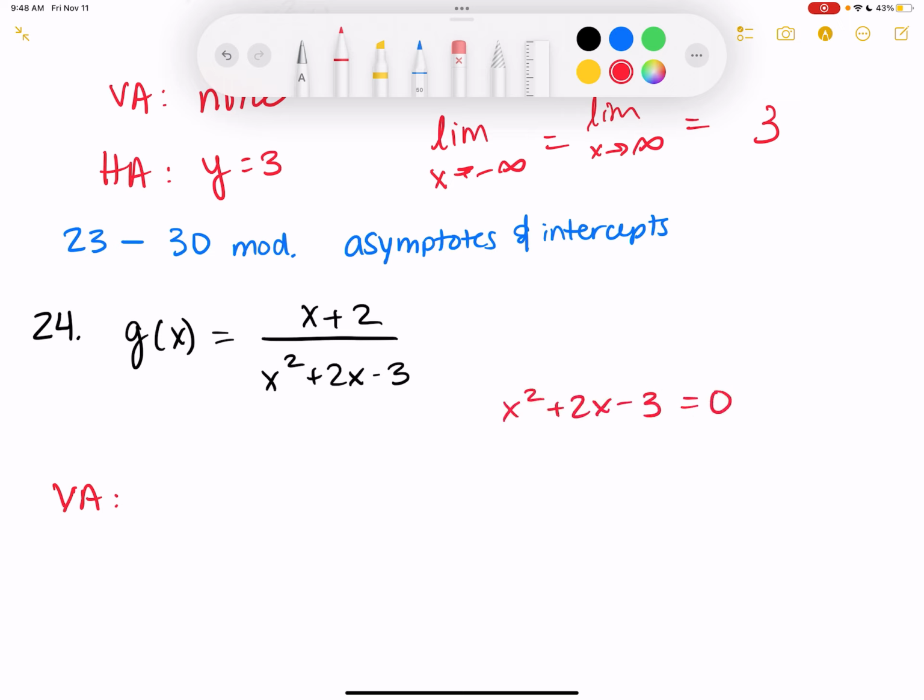What does this factor into? You need factors of 3: positive 3, negative 1. So x plus 3, x minus 1. So that means x equals negative 3, x equals 1.